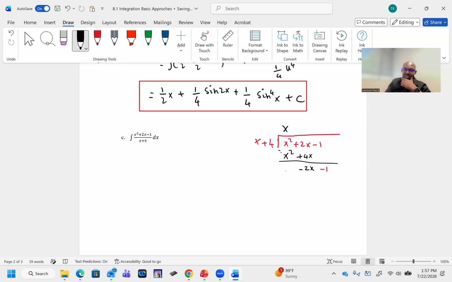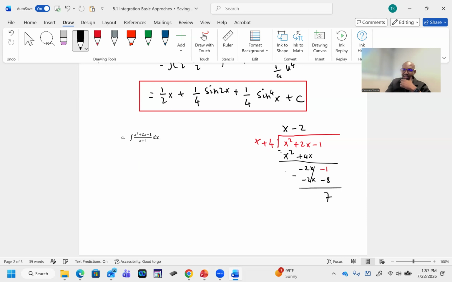Now, what do you need to multiply x to get negative 2x? That is negative 2. Negative 2 times x is negative 2x. Negative 2 times positive 4 is negative 8. Don't forget we subtract. Negative and negative will be positive, so this will cancel out. Negative 1 plus 8 is 7.